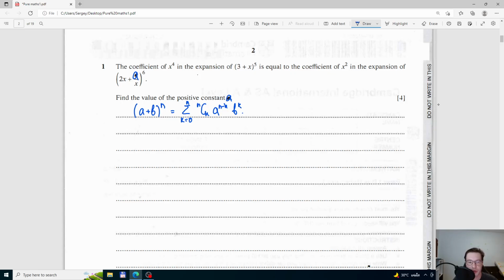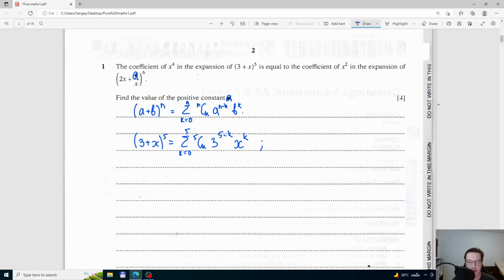And if we apply this formula for the first bracket, that will be (3 + x)^5 equals the sum, where k goes from 0 to 5, of 5Ck, 3^(5-k), x^k.